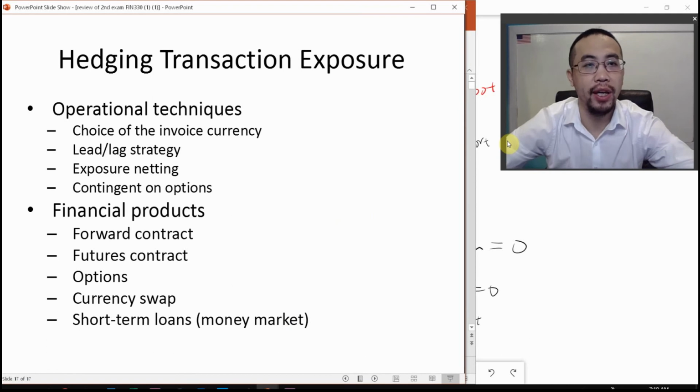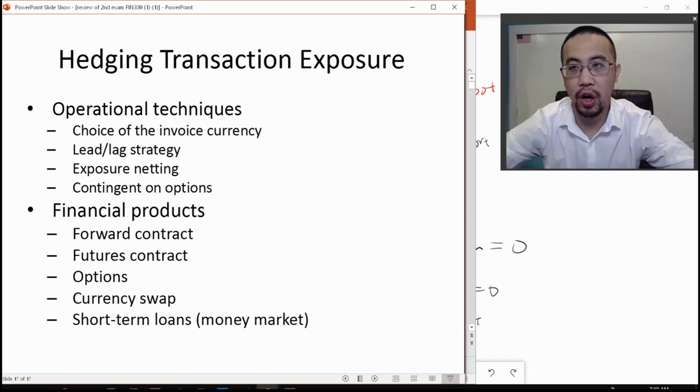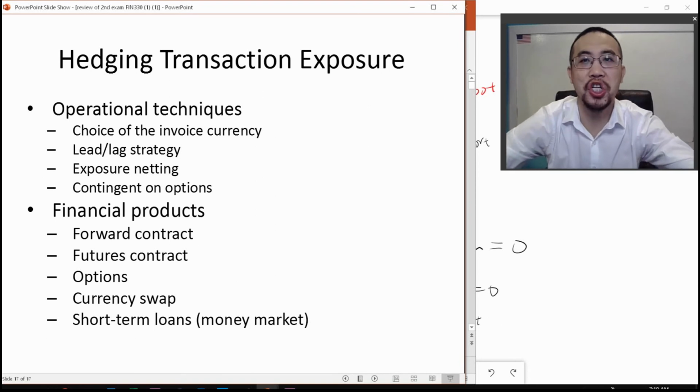Okay, chapter 8 is about hedging transaction exposure. So in this chapter, although we are dealing with the same options, forwards and futures, you are switching a role, Peter. You are not a speculator in the market. You are actually a multinational corporation.